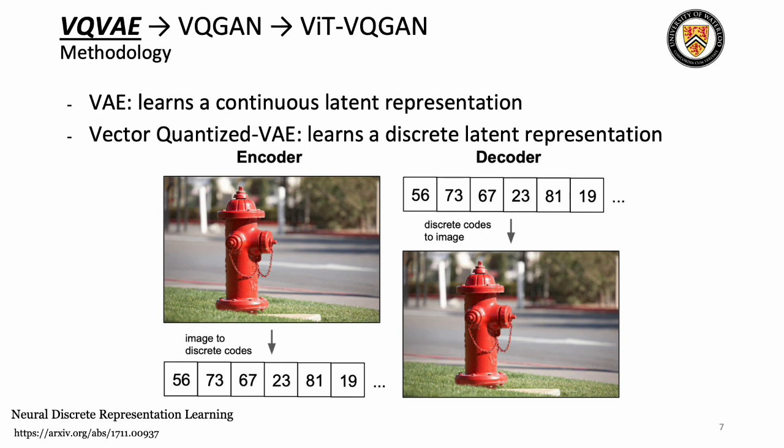Discrete codes, as shown in the encoder part of the slide, represent the input image as a series of integers, which correspond to specific vectors in a predefined embedding space. The decoder then translates these discrete codes back into a reconstructed image.